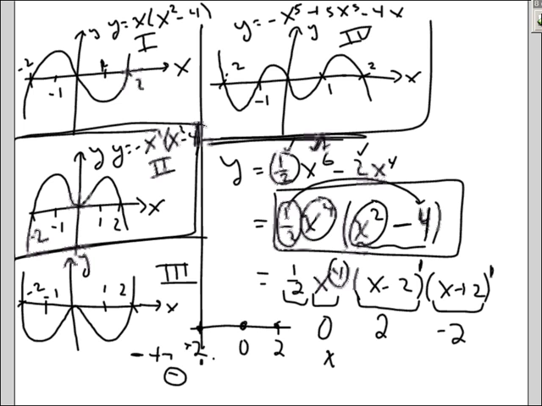And then you just take away 4. So this factor will be positive. Multiply positives, you get positive. So you're positive. You come down, you cross at 0. I meant to say 2. You just touch at 0 because the power at 0 was 4. And then you just cross at negative 2. And that's exactly graph number 3.